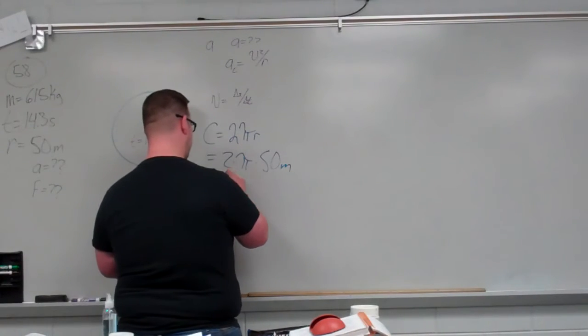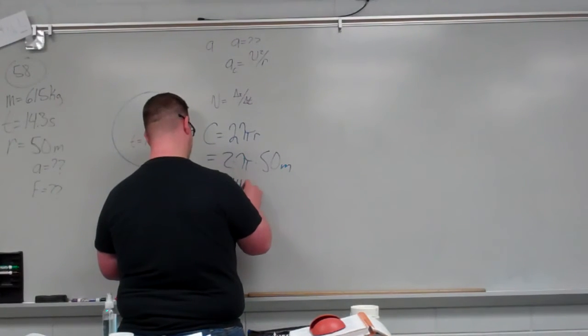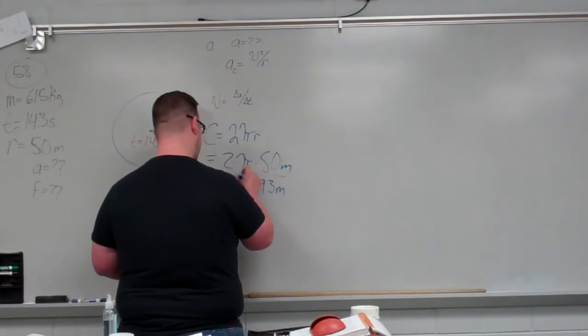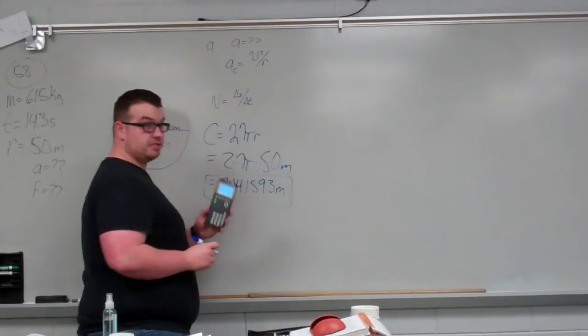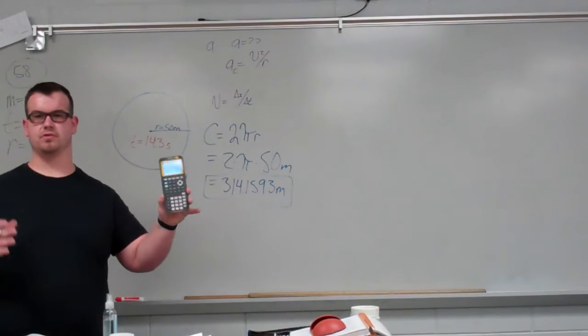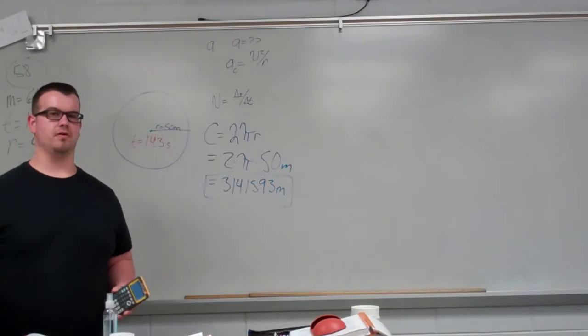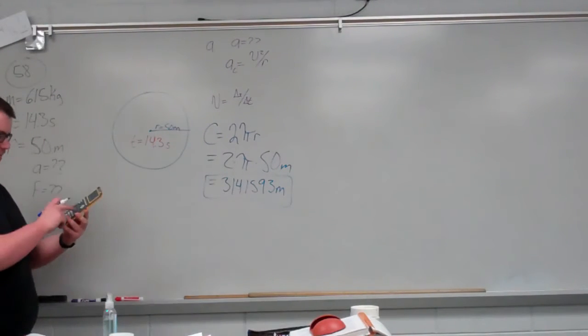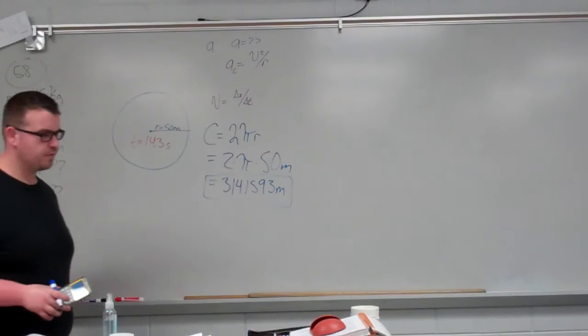So I get 314.1593 meters. For this I actually punched the pi button on my calculator, so if you use 3.14 or 22 over 7 and it's a little different, that's why. I made sure to use the pi that's on my calculator.